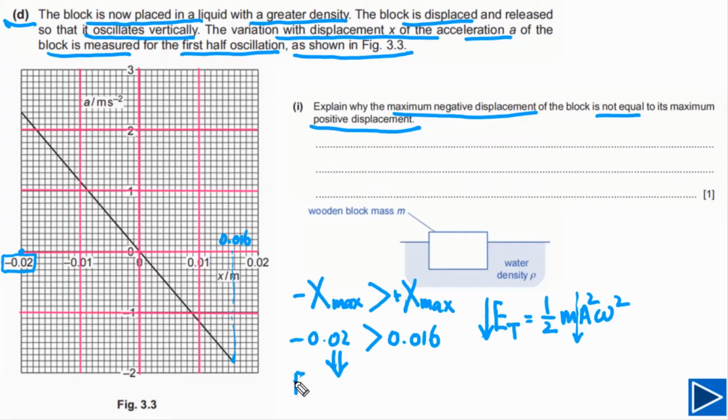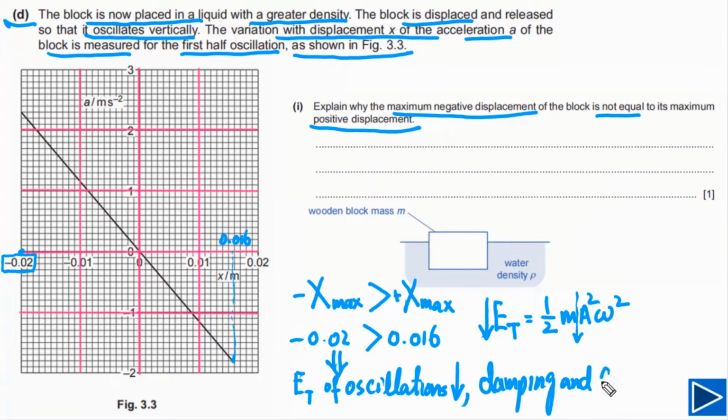Why is it decreasing? We can say this is due to damping, because damping is involved. So energy of oscillations is decreasing due to damping, and damping is caused by viscous forces, means forces due to fluid.